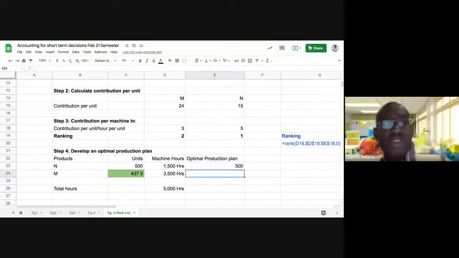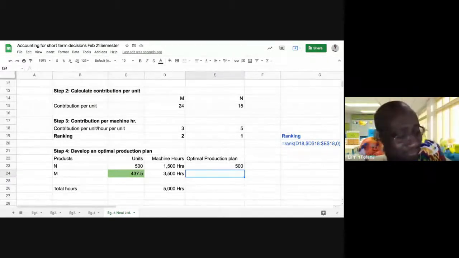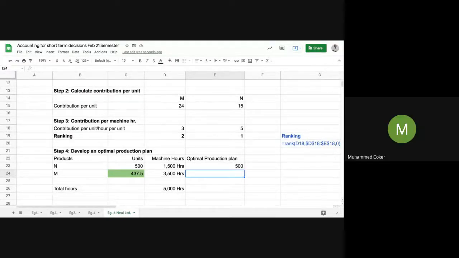In our calculation, we got 437.5. So how many units of M? 437.5.